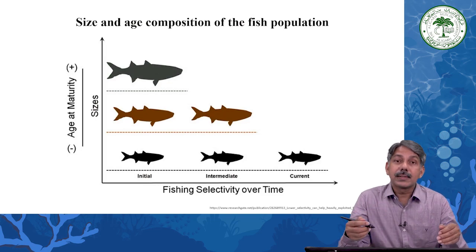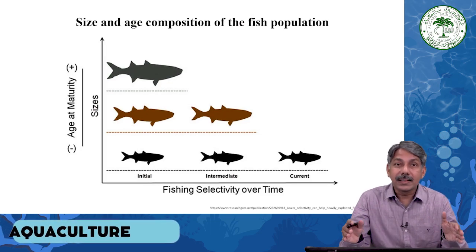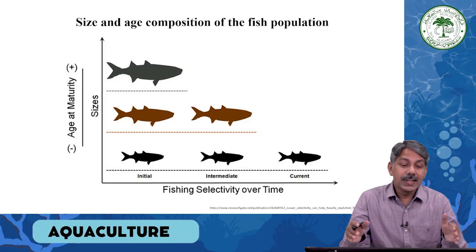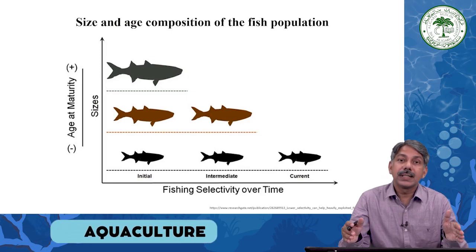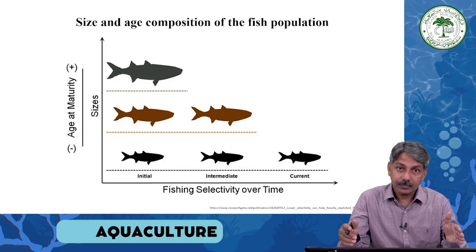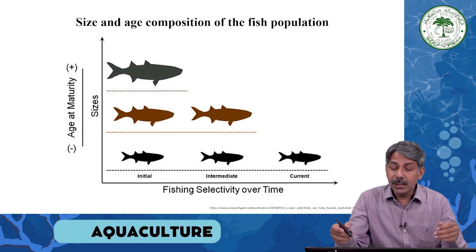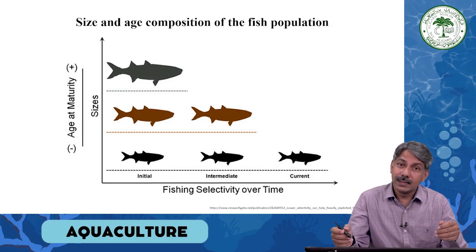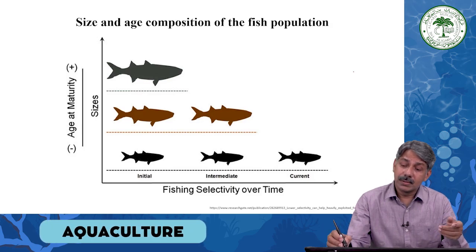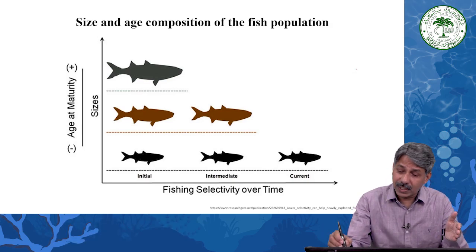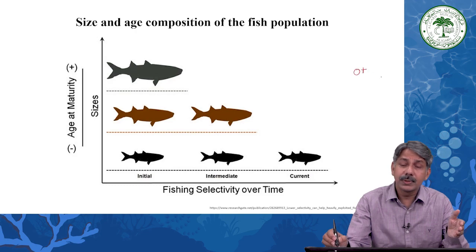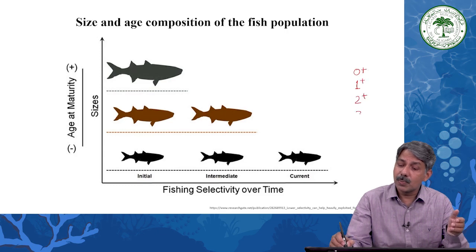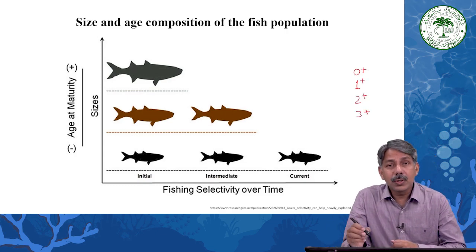Now, as I told you, while studying a fish population, we need to have information on the age structure of that population. For example, if there are 1000 fishes, how many are young stages, or you can say 0+ age group, how many are older than this, the 1+ age group, how many are in 2+, how many are in the 3+ year age group.